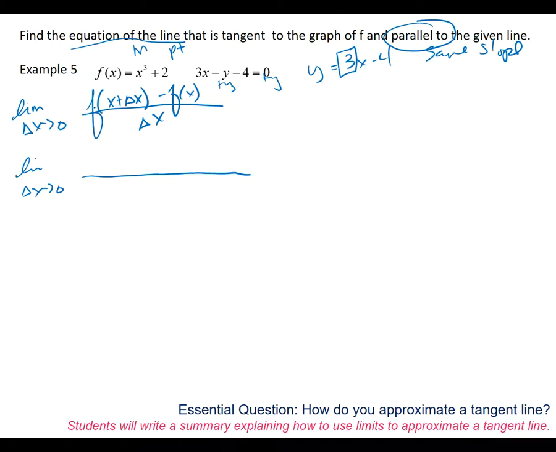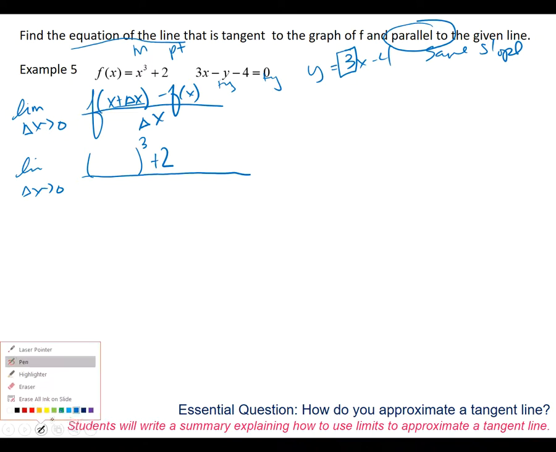This says write the function and plug in x plus delta x, right? We're going to put parentheses, cubed, plus 2. Alright, so what am I substituting in there? X plus delta x.